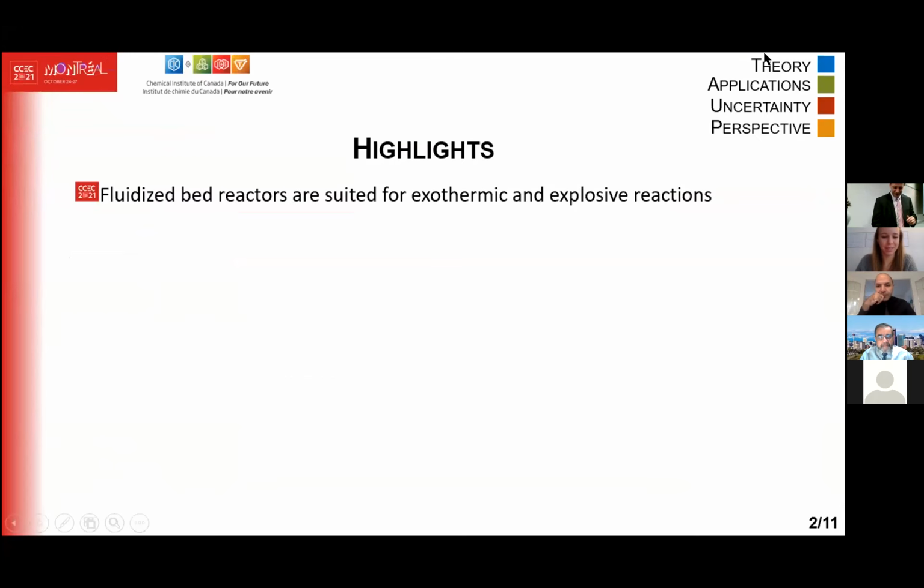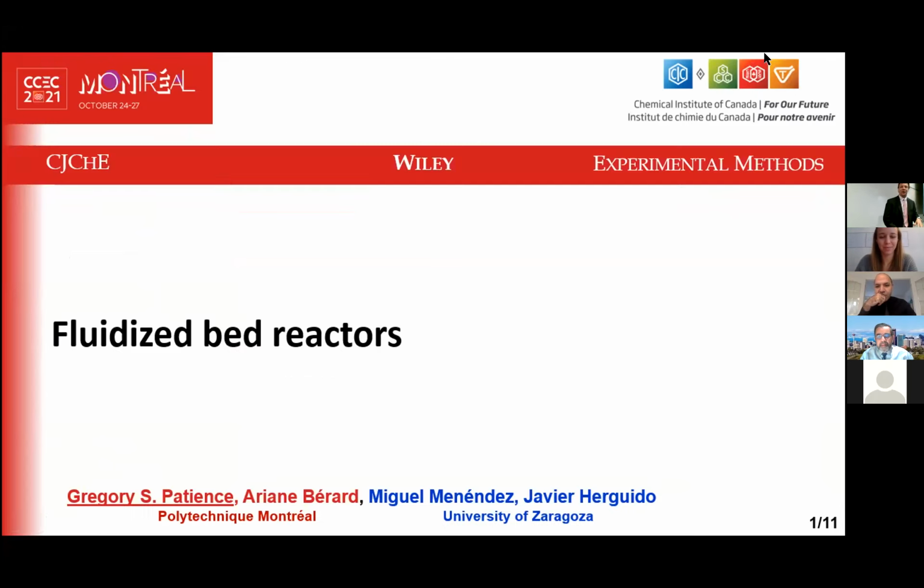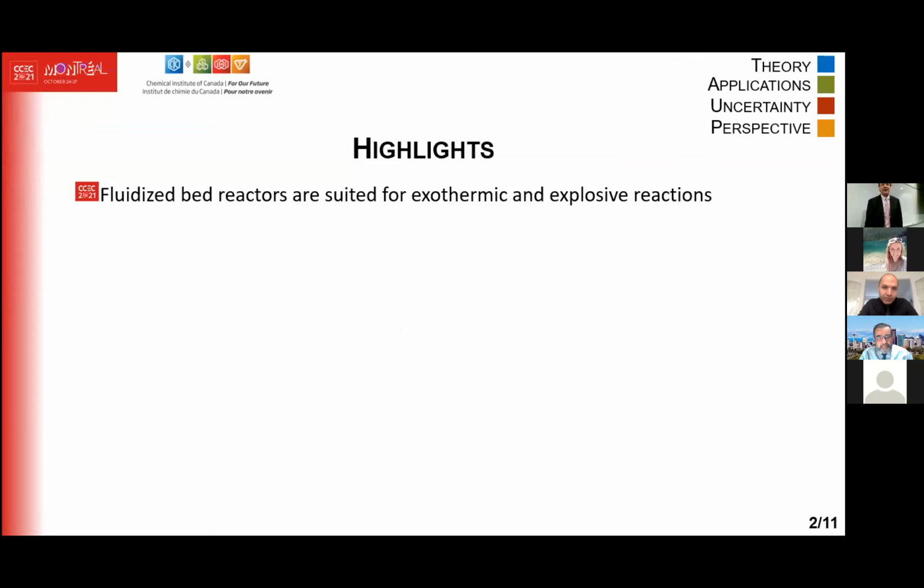Again, you might ask the question, what do fluidized bed reactors have to do with experimental methods? Well, I guess it's kind of obvious. You develop kinetic data with fluidized bed reactors. So I'll start with the highlights. Fluidized beds in general are for exothermic explosive reactions.